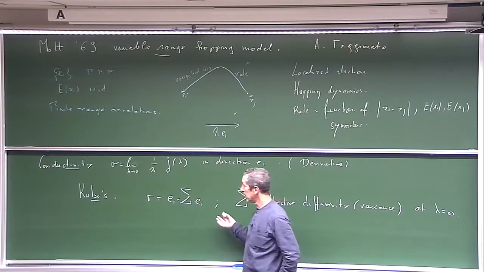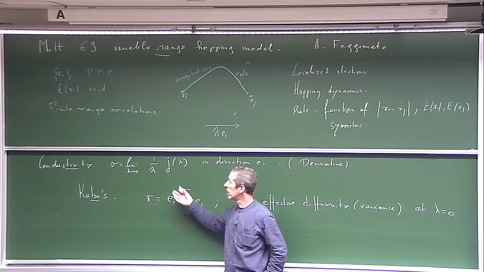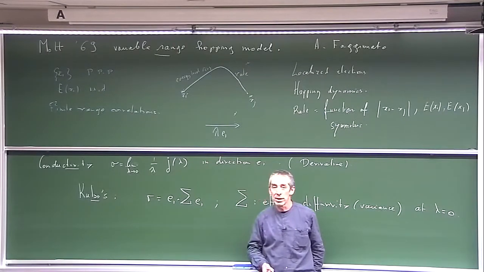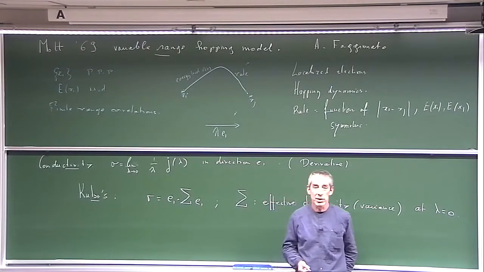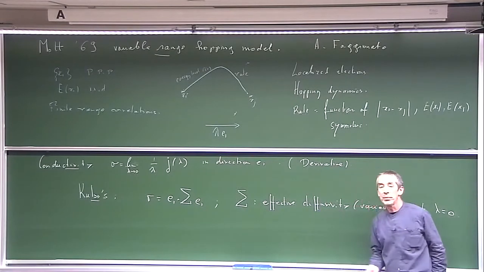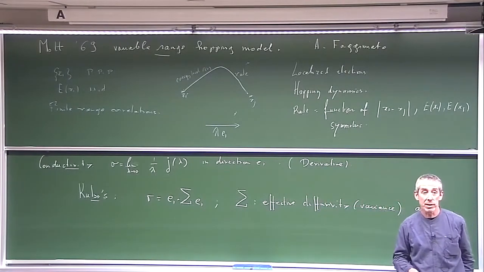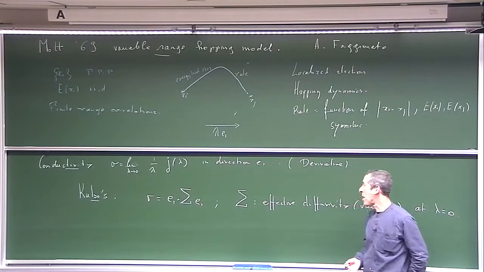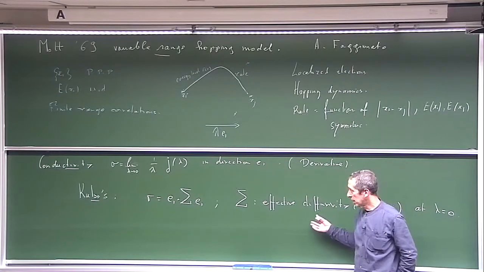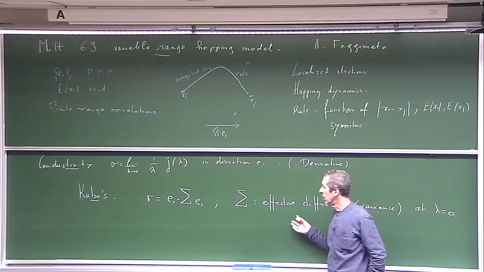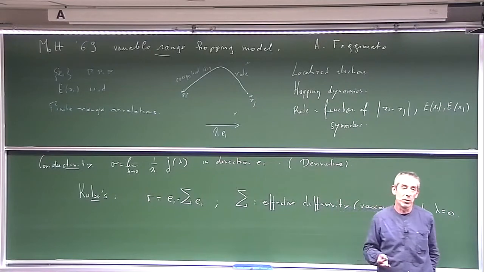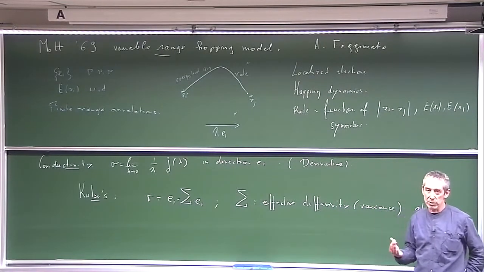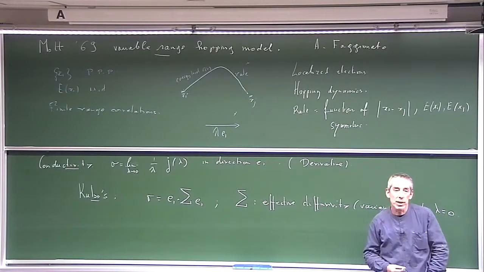The important physical quantity is not the big sigma, it is the small one. It's only because of Kubo's relation, which makes a connection with the effective diffusivity, that physicists care about effective diffusivities. A priori, the effective diffusivity would not be considered by physicists as a physical quantity. It turns out to be an important physical quantity just because of Kubo's relation.